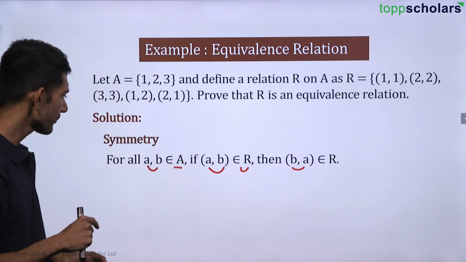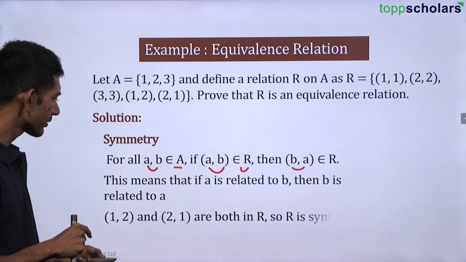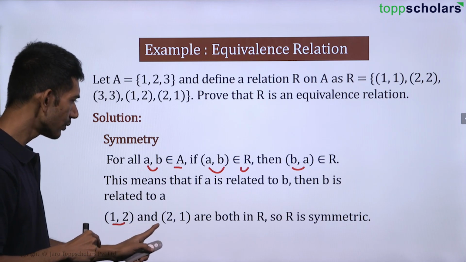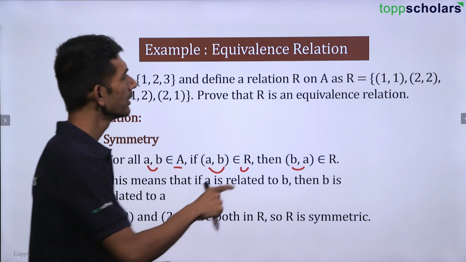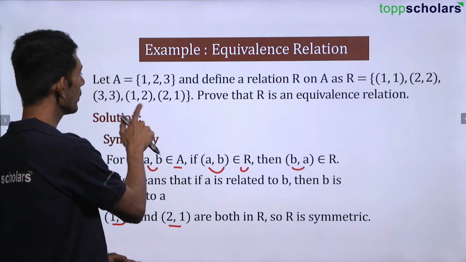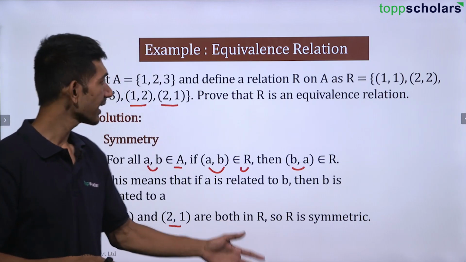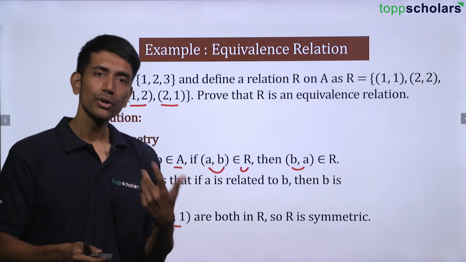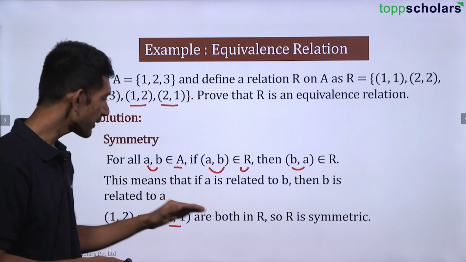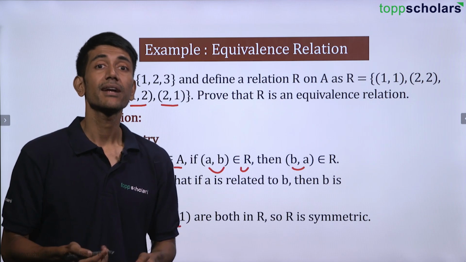If you see, have a look at this, (1, 2) and (2, 1). Both of them are there in R. So clearly we can say that this particular relation is symmetric as well.